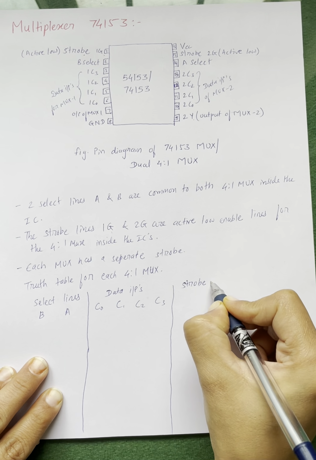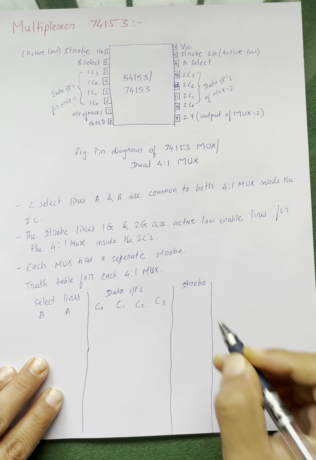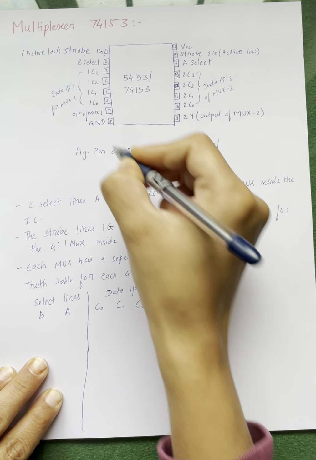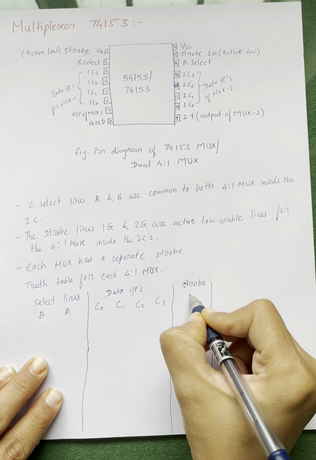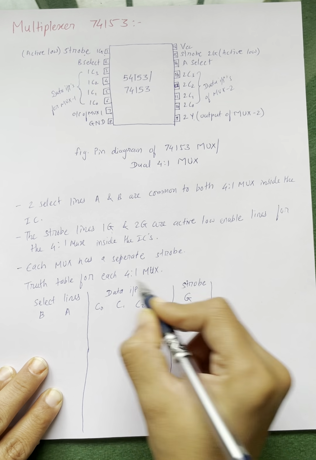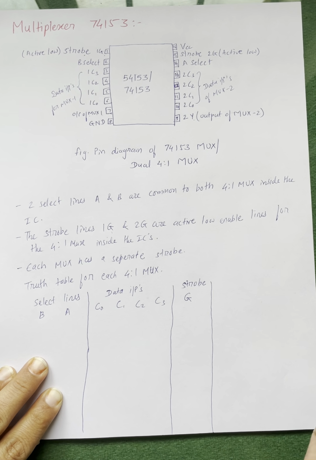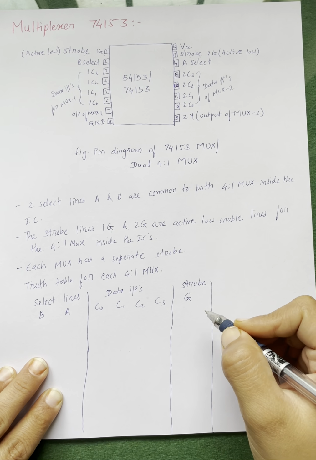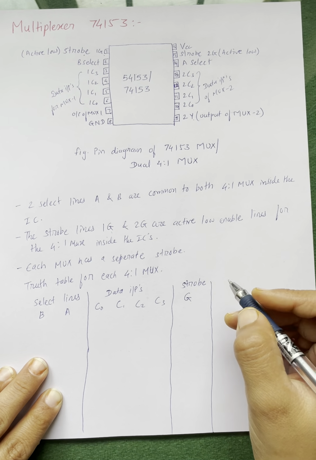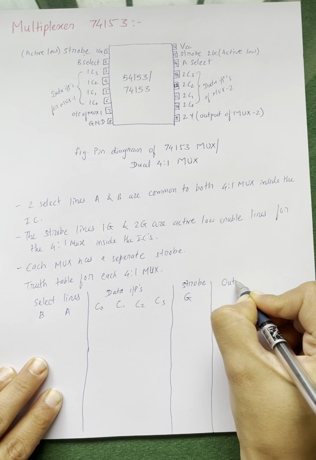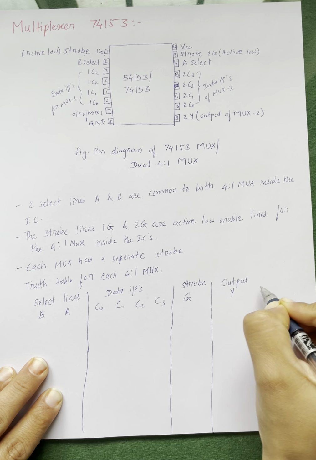I am considering the first multiplexer of this IC. The same will be for the second multiplexer in the same IC. So this is your strobe, then the output, that is Y.